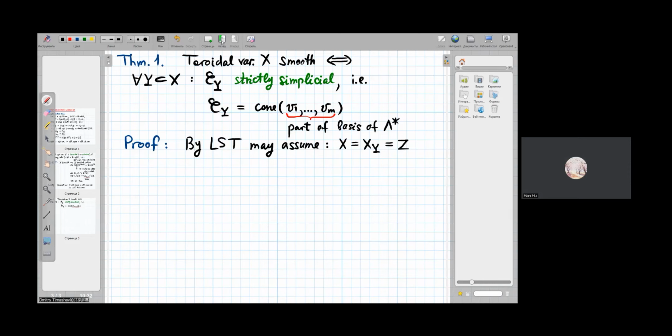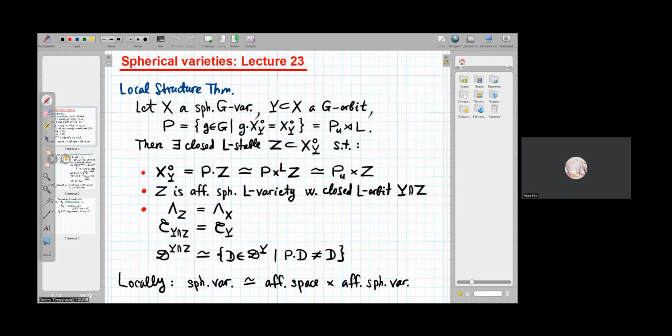Question: Well, why can we, since we are interested in smoothness, throw out a line? Exactly. Let me just show you. We are interested in smoothness, and smoothness is a local property. We are interested in smoothness of all these B charts, actually, because their G translates cover the whole X. And this B chart is smooth by means of this product decomposition.